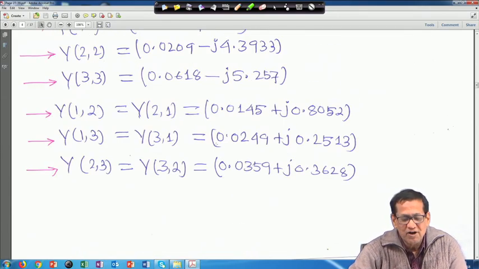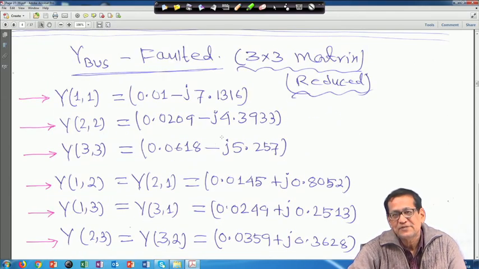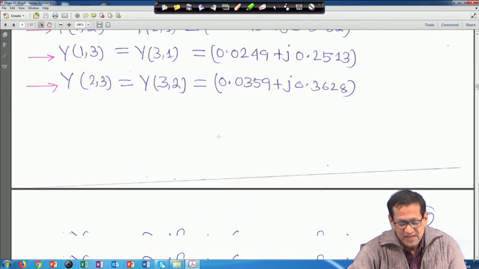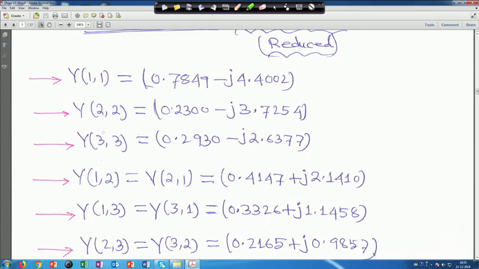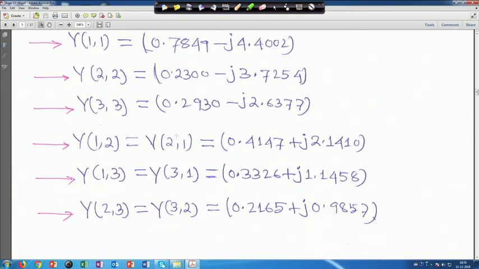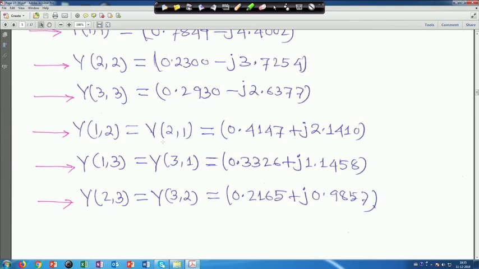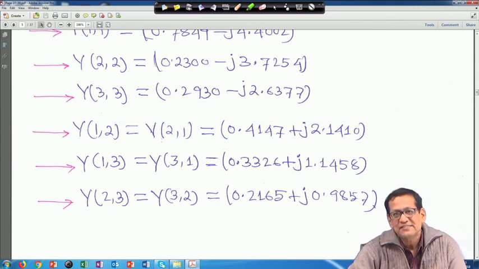This is during fault. Then y bus post fault is again a 3 into 3 matrix. All y 11, y 22, y 33 are given, all off diagonal elements are also given, it is a symmetric matrix.